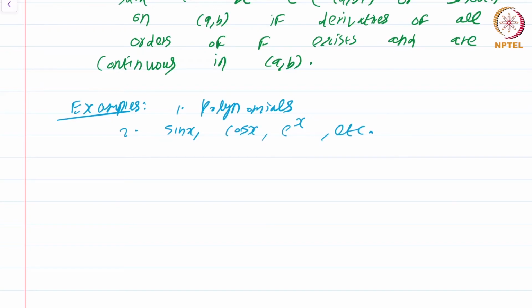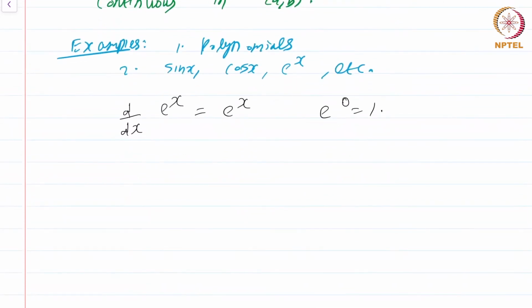Well, we already know that the characteristic property of e power x is that d by dx of e power x is equal to e power x, and e power 0 is 1. Immediately, if you start writing down the first few terms in the Taylor series of this function e power x at the point 0, you will get that e power 0, which is 1.